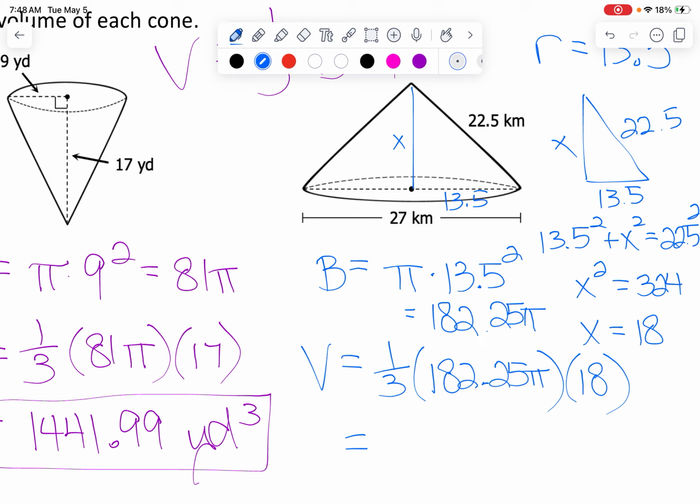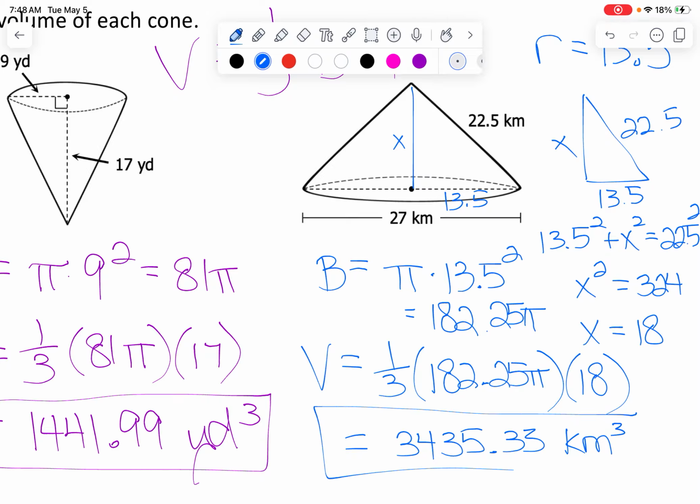We got 3,435.33, and in this case we're dealing with kilometers, so cubic kilometers. The volume of that cone is a little over 3,400 cubic kilometers, which is big.